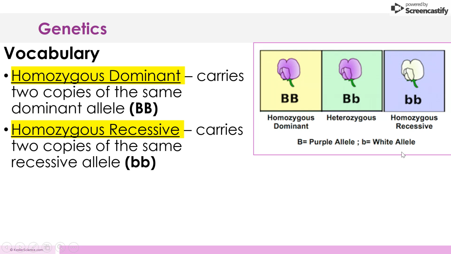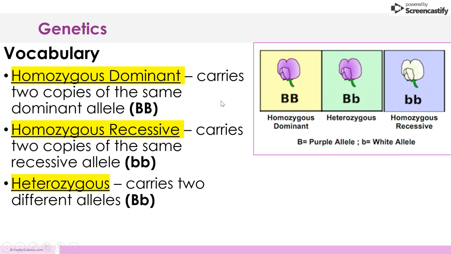Okay, so there's one more vocab left that we need to talk about, heterozygous. Okay, so we have a new prefix, hetero, meaning different. Okay, so this means that the alleles are going to be different. It means we're going to have one dominant and one recessive, so it carries two different alleles.